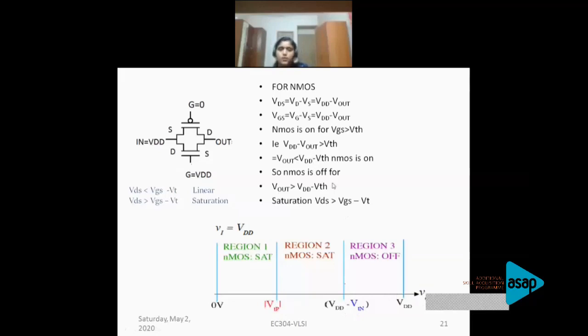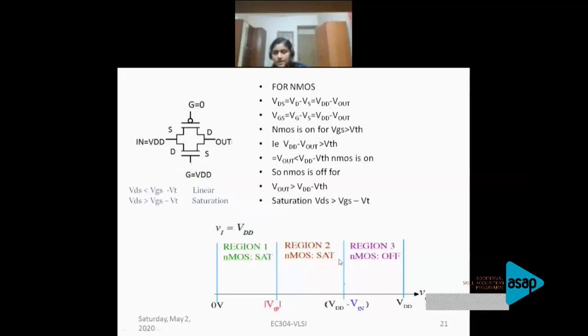Am I right? So what we have seen is NMOS is off for Vout greater than VDD minus VTH. So this is your VDD minus VTH. If Vout goes beyond VDD minus VTH, your NMOS is off. When it is less than VDD minus VTH, NMOS is on and also in saturation.